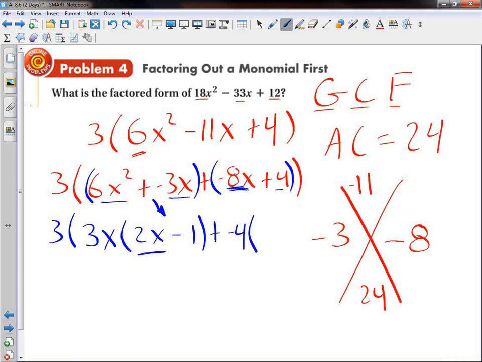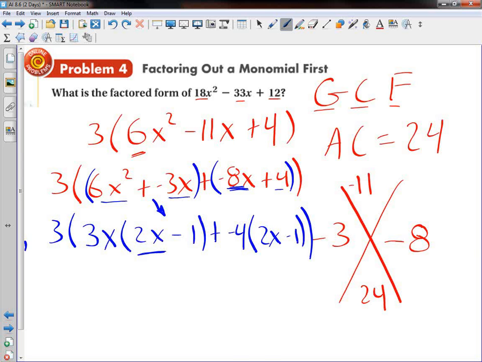Negative 4 times positive 2x is negative 8x, and negative 4 times negative 1 is a positive 4. So that requires just a little bit of foresight. It's not a big deal. If we would have done it backwards, we would have realized that those numbers were the same, but the signs were switched, and that we just need to fix that problem.